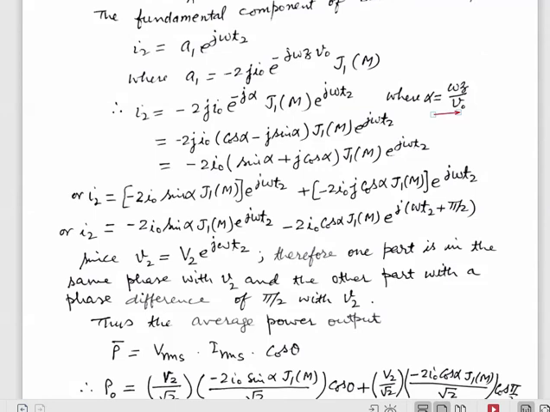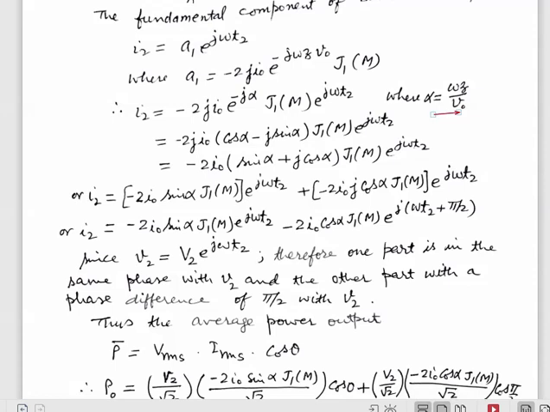Now further expanding this exponent term, we get minus twice j I0 cos alpha minus j sin alpha J1(m) e raised to the power j omega t2. Multiplying by j inside this bracket, this gives us minus twice I0 sin alpha plus j cos alpha J1(m) e raised to the power j omega t2. So clearly this equation will contain two components of the AC current at the second cavity, which is the catcher cavity.